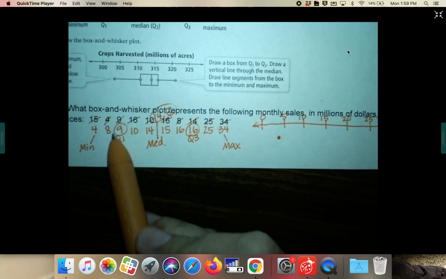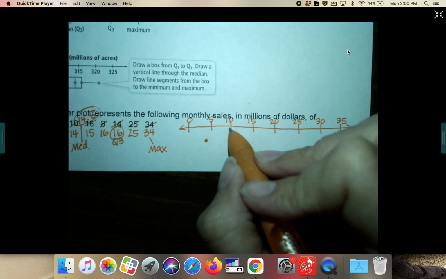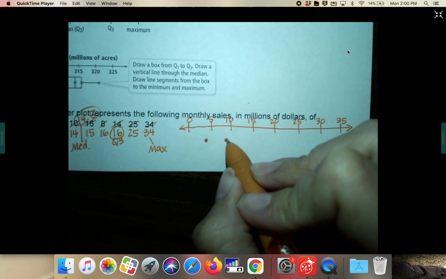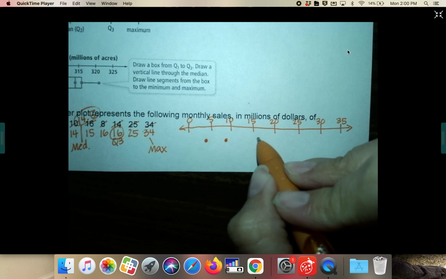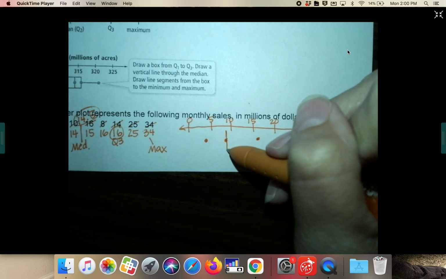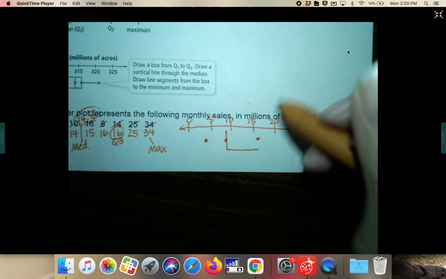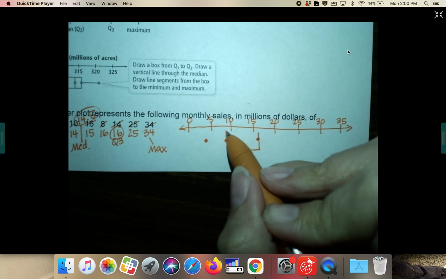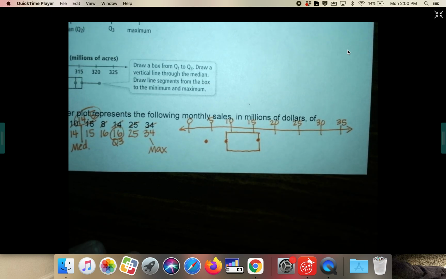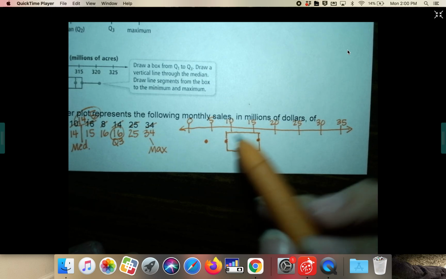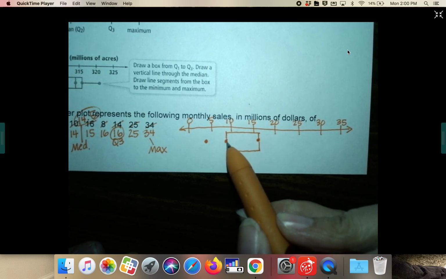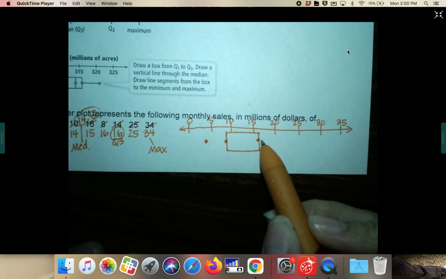So here's 9. Here's about 16. And I'm going to go ahead and make my box from 9 to 16. That is my 50% of my data, the interquartile range. So from the lower quartile to the upper quartile, from the first to the third.